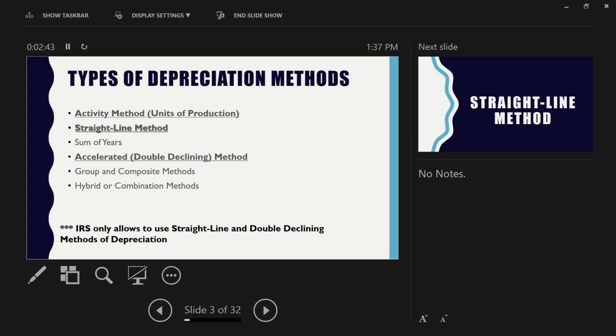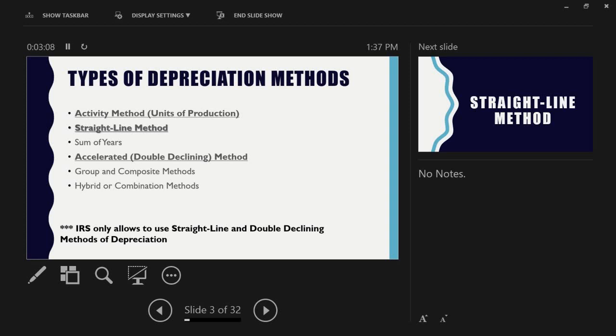And then lastly, we're going to be introducing straight line. Straight line is the easiest concept to understand, just because when you solve for one year, you pretty much solve for the rest of the entire years. What I mean by that will be clear when we look into the example.